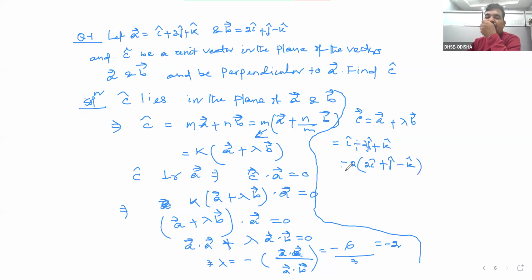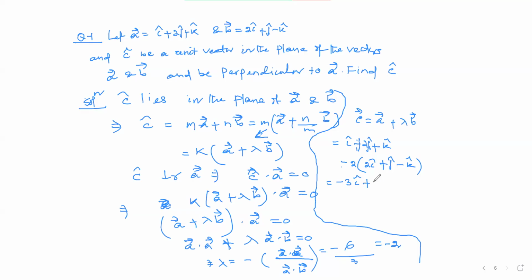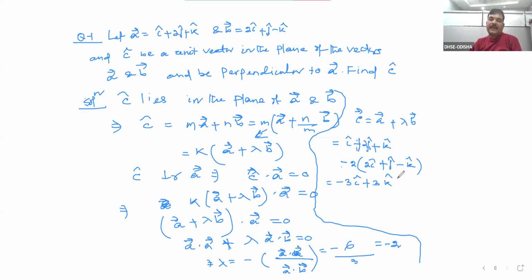So I cap minus 4I cap gives minus 3I cap. 2j cap minus 2j cap cancels. K cap plus 2k cap is 3k cap. So C is equal to minus 3I cap plus 3k cap.